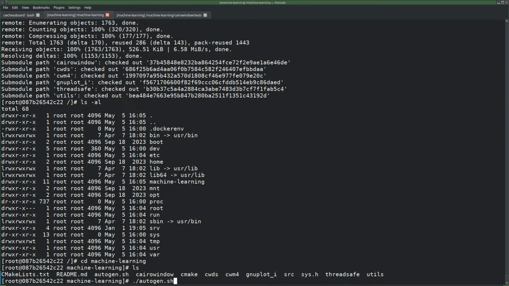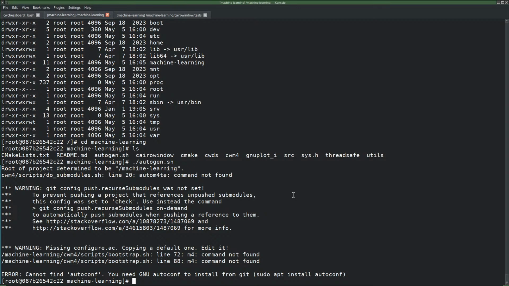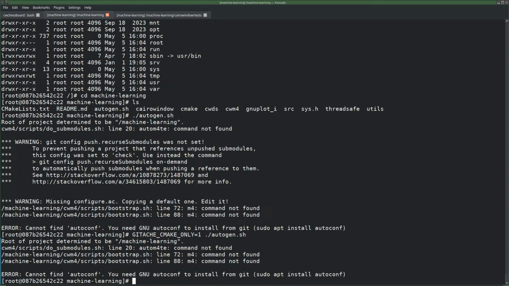So next I have to run autogen. Automake not found. Oh wait, I should have run it as CMake only. Git touch. No. Actually, I think it was git touch. CMake only is one. And if not, then it's still trying to run automake.